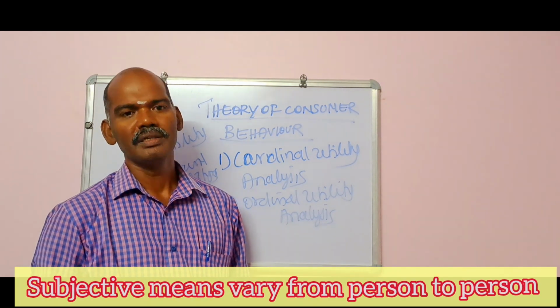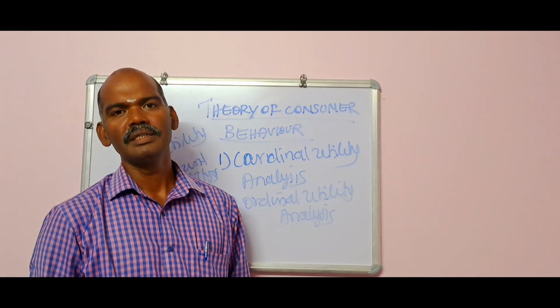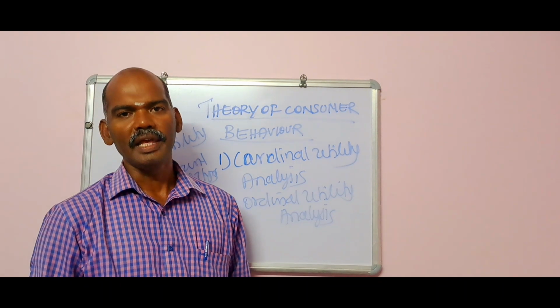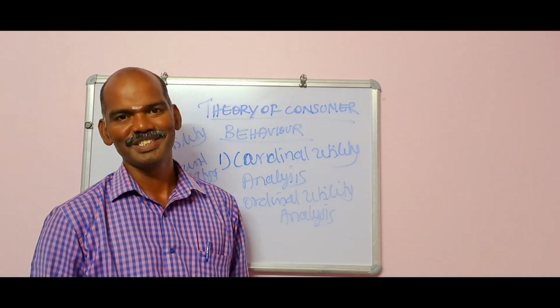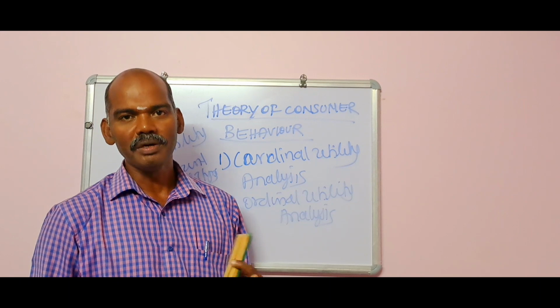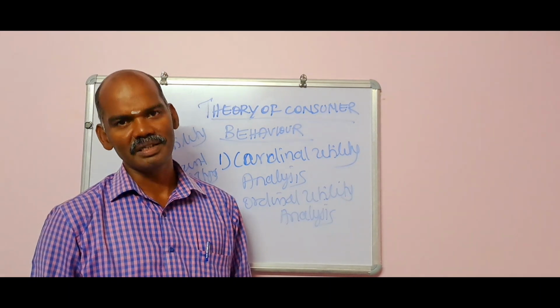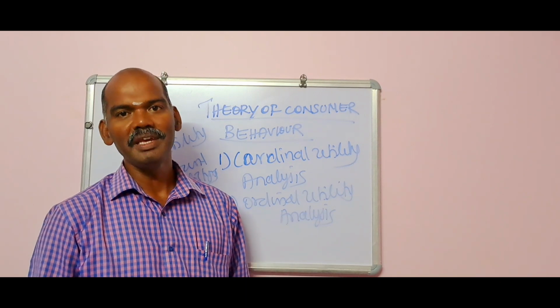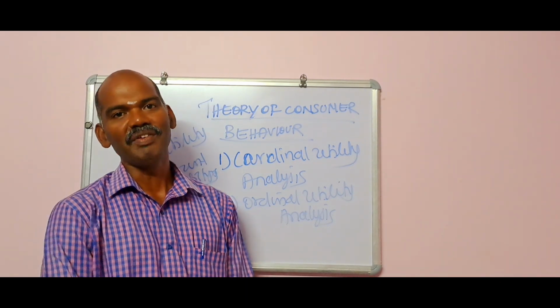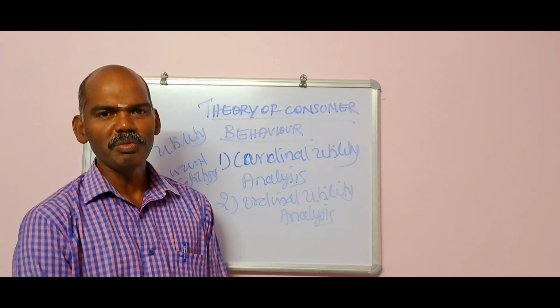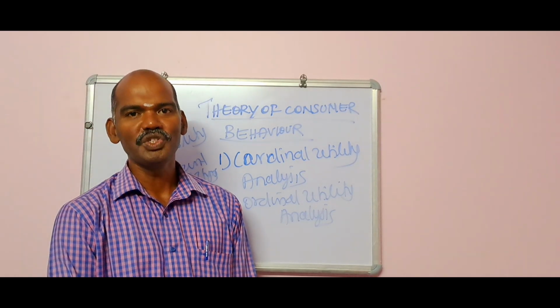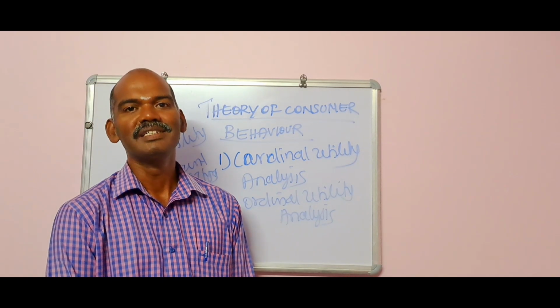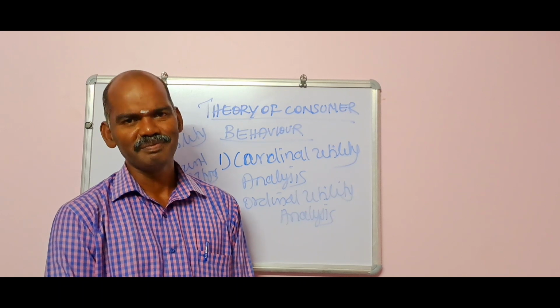Say, for example, a person may like ice cream so much, whereas the other person accompanying him may not like it so much, but at a time they may both be consuming it. Do you think both of them will have the same amount of utility out of the consumption of the said product, ice cream?